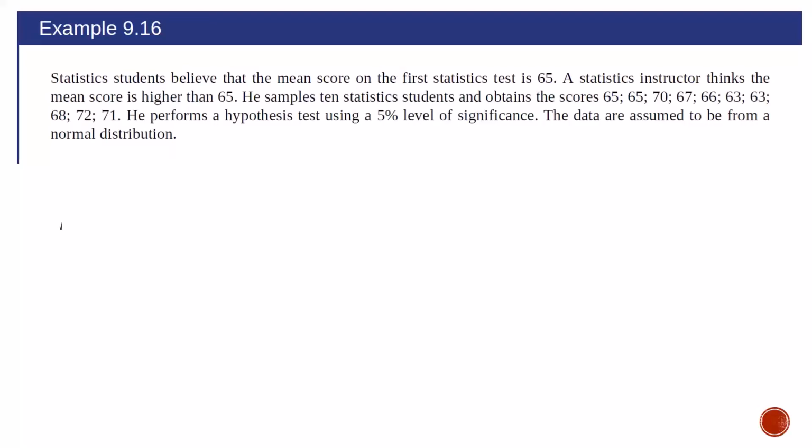So he doesn't have all the students' test scores. He only has a simple random sample of 10. And we're assuming the data is normal. We need to assume that because we wouldn't need to if n was more than what? 30, right. Okay, so he thinks that the mean score is higher than 65.